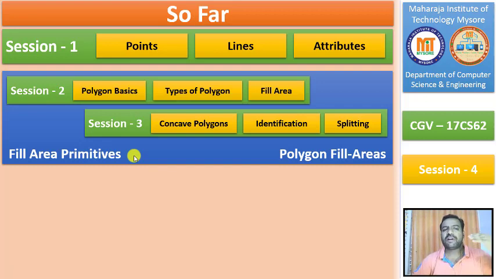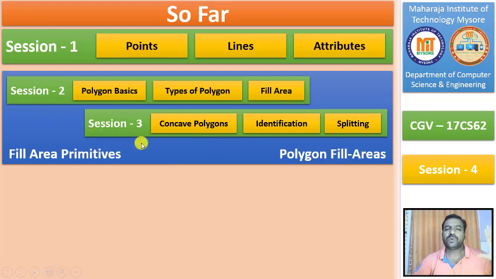Hence we are trying to build from the basics of polygons to the fill area primitives, what type of polygon the fill area works upon, and how we convert any complex or concave polygon into a convex polygon which OpenGL can easily handle. This is what the whole topic from session 2 and session 3 covered.